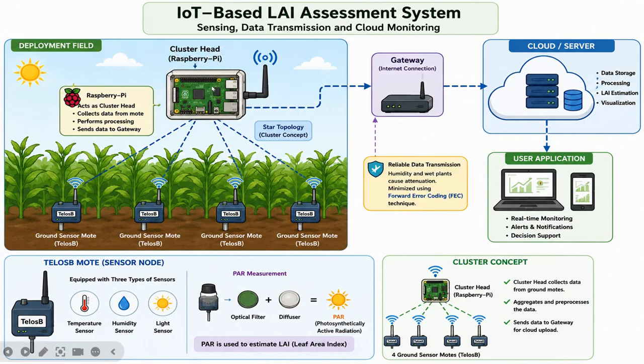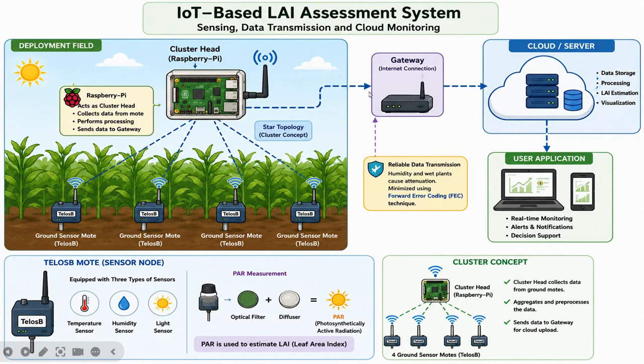The Raspberry Pi is a compact single board computer capable of collecting, processing and managing the data from multiple sensor nodes. Here it forms a star topology where all the sensor nodes send their readings directly to the cluster head. After collecting the data from the sensors, the Raspberry Pi performs the preliminary processing and transmits the information to a gateway through wireless communication.